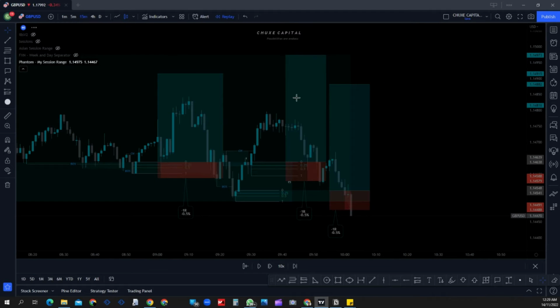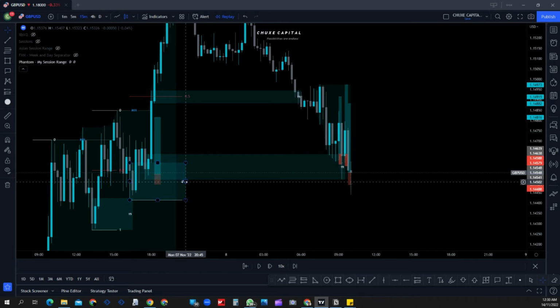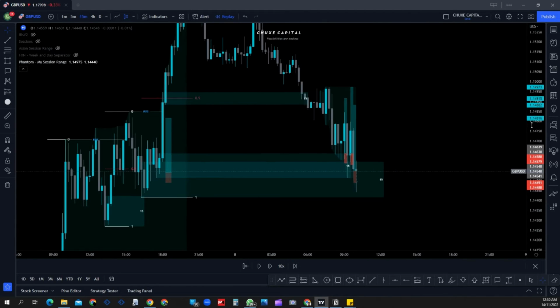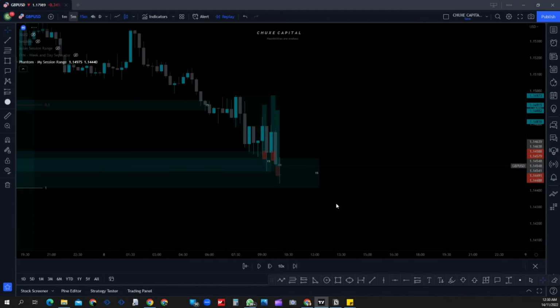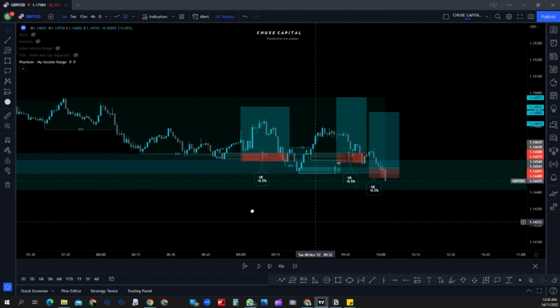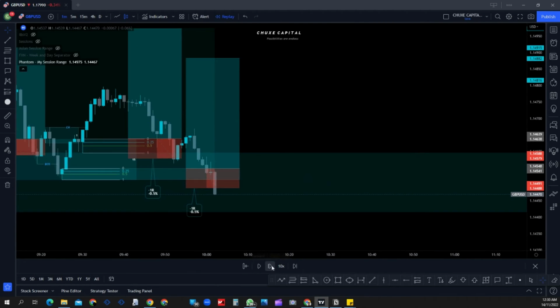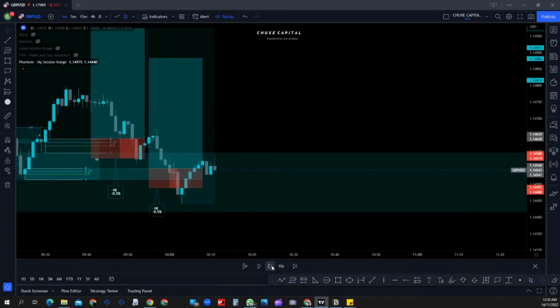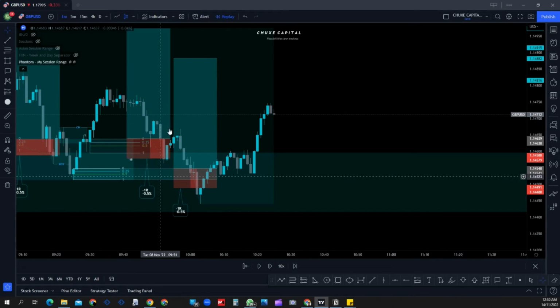Okay, see what's happening. Get a bigger picture. So perhaps price is coming into here. Okay, we haven't broken out of that. So let's see if we see another entry. Okay, so this breaks.